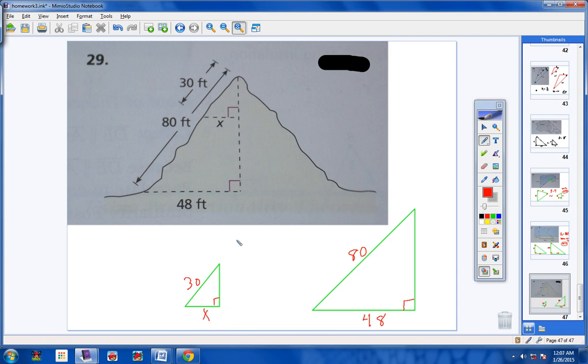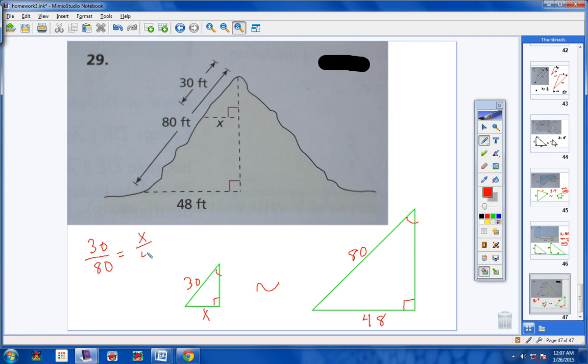Now notice both triangles are sharing this angle up here. So this angle here is congruent to this angle here, okay? So if two angles in one triangle are congruent to two angles in another, then the two triangles are similar. So here we go. I would say 30 over 80, because 30 has no mark and 1 mark. 80 has 1 mark and no mark. So 30 over 80 equals x over 48.